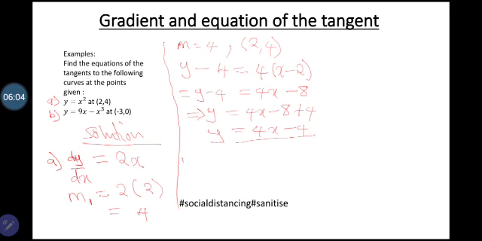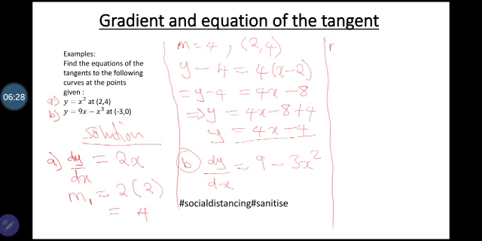Then we come to B. B says y is equal to 9x minus x to the power 3. So we get our dy/dx, and that will give us 9 minus 3x squared. And again, we get the gradient by substituting the value of x given in the coordinate.